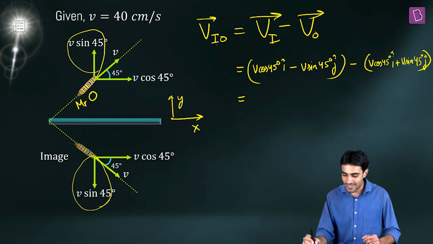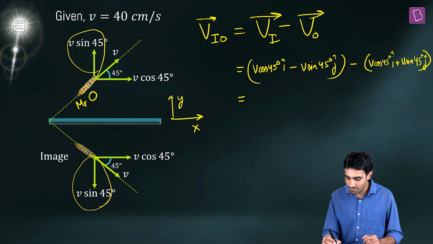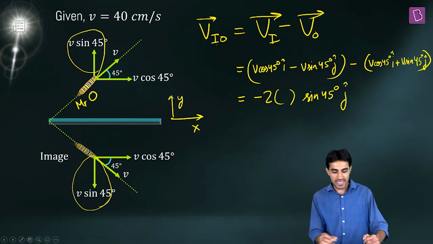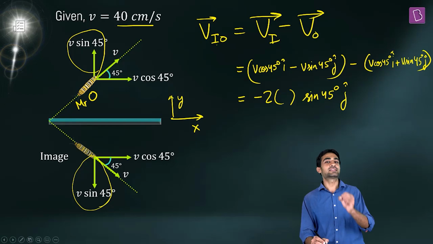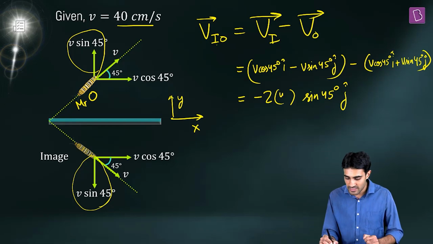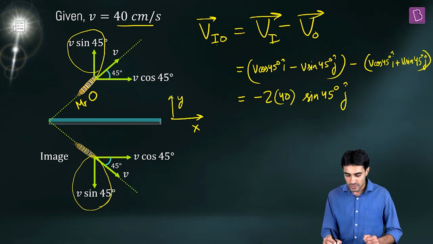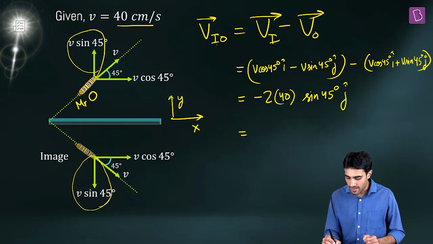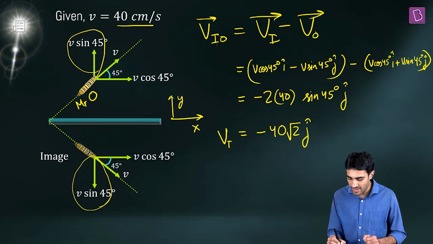The relative velocity is coming out to be minus 2 times v times sine of 45 degree j cap. What was v? v was given to be 40 centimeter per second. So let me just put 40 over here. So you can see we are getting minus 40 root 2 j cap. This is the velocity of the image with respect to object.